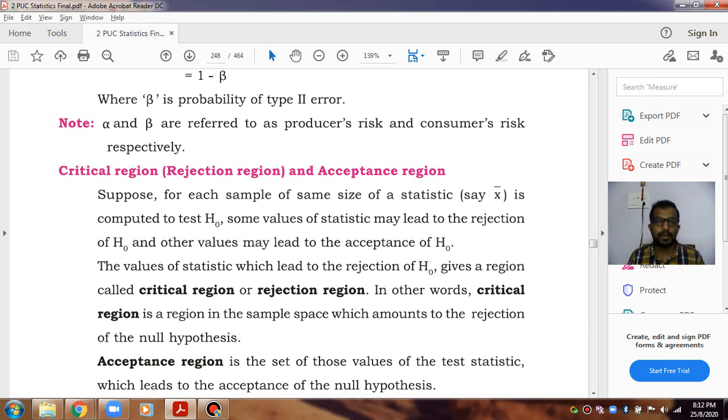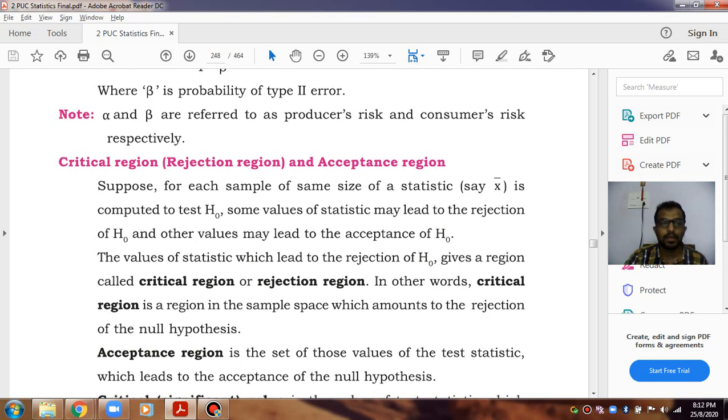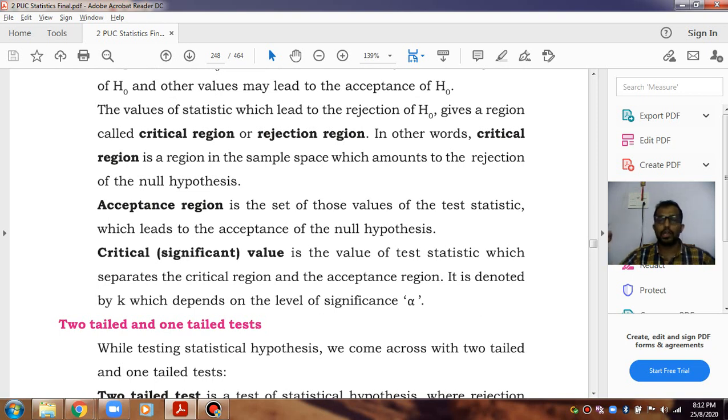It is a space where it amounts to rejecting the null hypothesis. If you have to reject the statement you have taken, meaning the null hypothesis, that particular region is called the rejection region. Acceptance region is all those values which lie between a particular range.